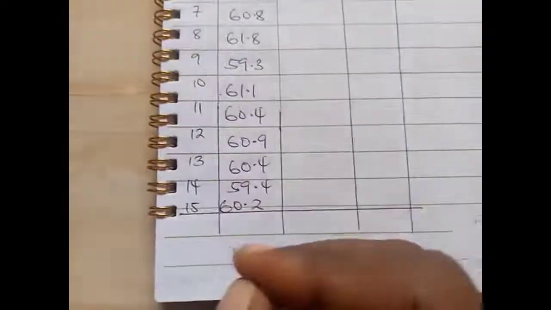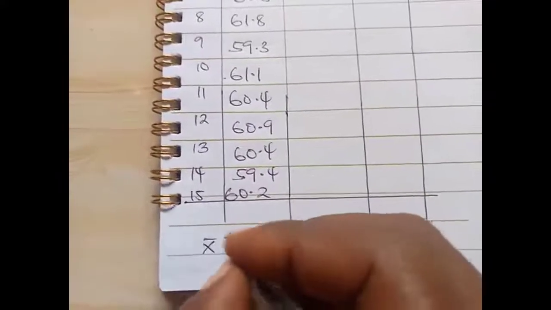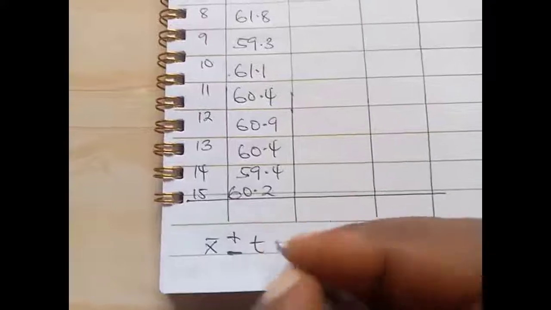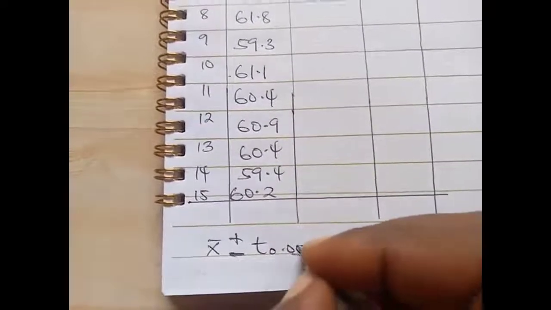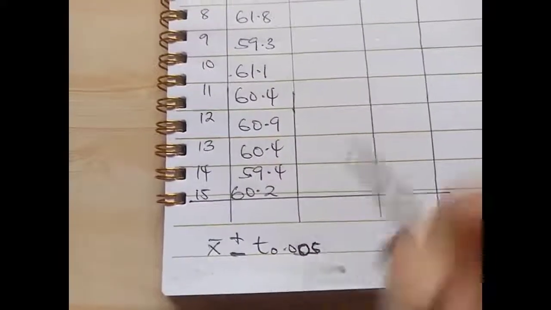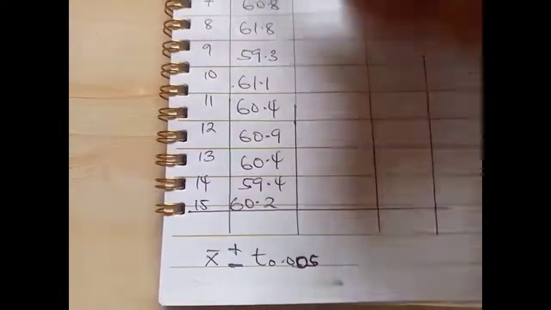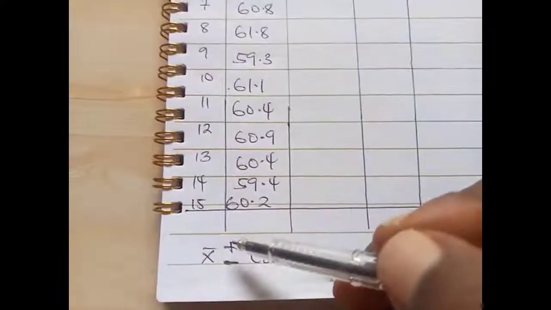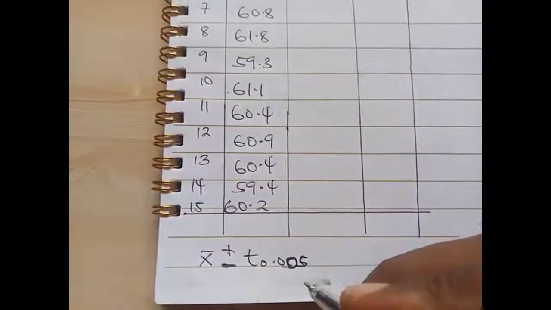The reason for this table is because the formula for us to get the 95% confidence interval is x bar plus or minus t 0.005. The reason for t is because there are just 15, so the sample size n is small. When sample size is large, it means that sample size is from 30 and above.